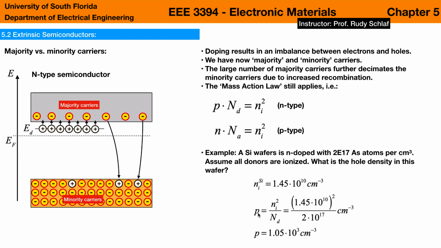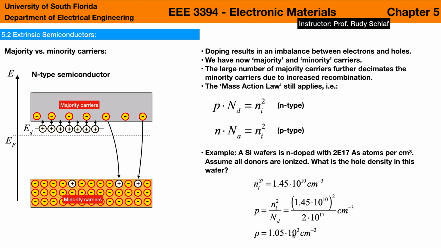So all we have to do now to calculate P is to solve the mass action law for P and plug in the carrier concentration of intrinsic silicon, which is 1.45 times 10 to the 10, squared, and divide by that electron concentration. And when we do that division, we find that we have about 1000 holes per cubic centimeter in this N-type silicon wafer.